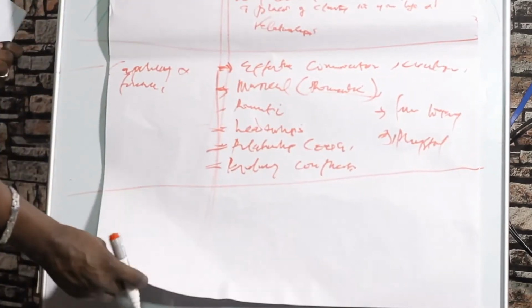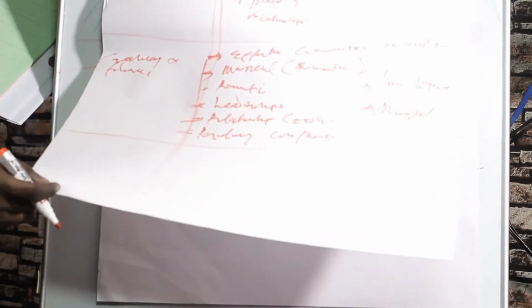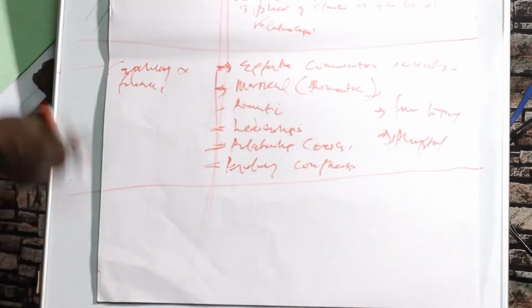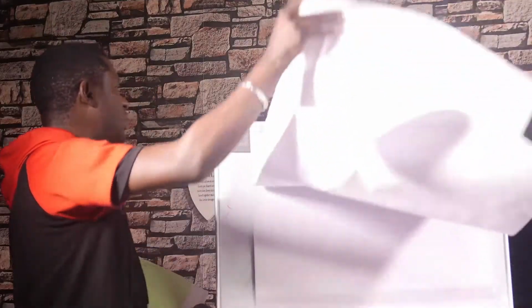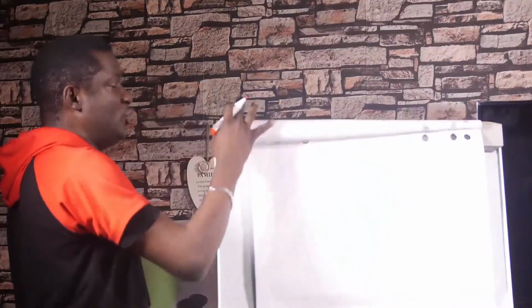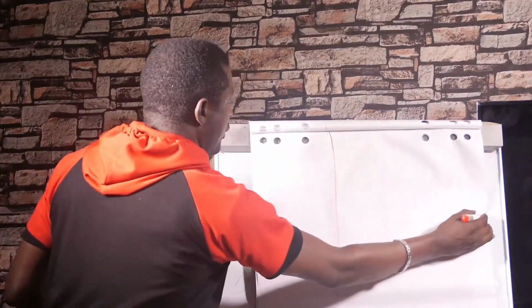Good. Now, having done that, the next thing is, what are the product features? What are the features of this product? Product features is talking about your values, your innate abilities, your unique selling point. Right?